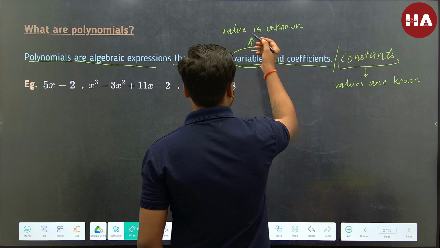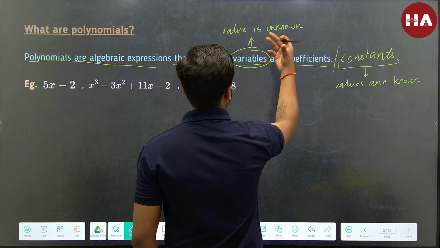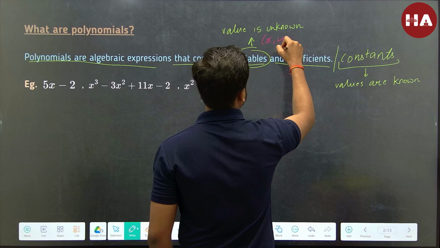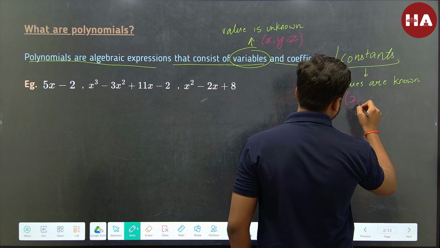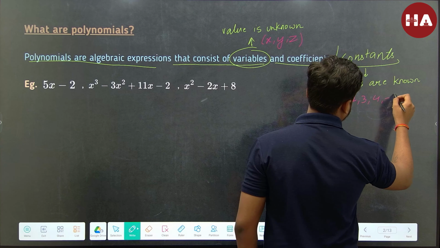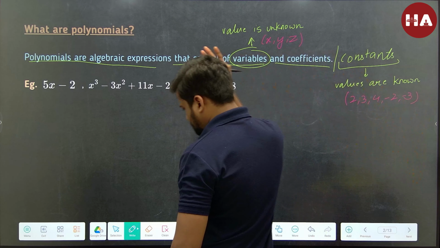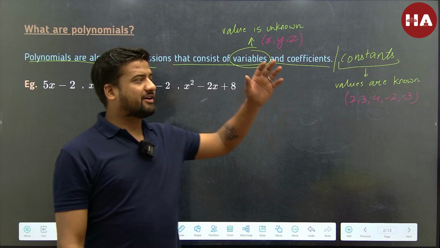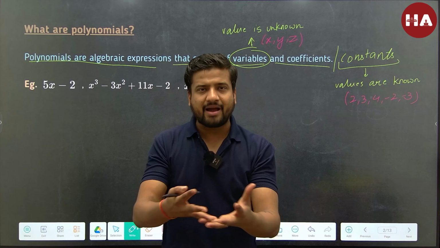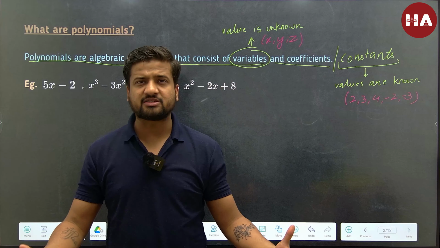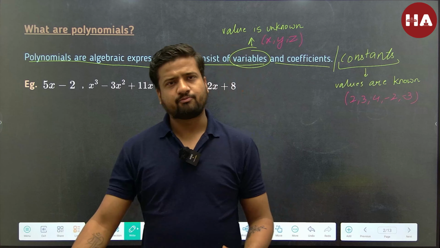Examples we obviously know are x, y, z. Some examples of constants are 2, 3, 4, minus 2, minus 3 and so on. So that's what a variable and a constant is. And when we combine them to form an expression, that is known as a polynomial.